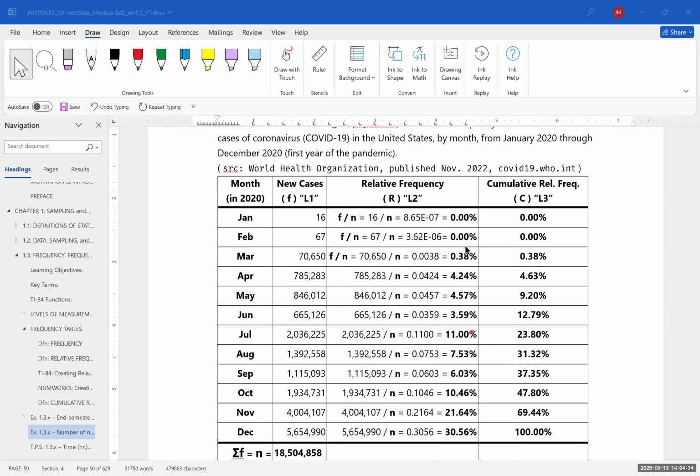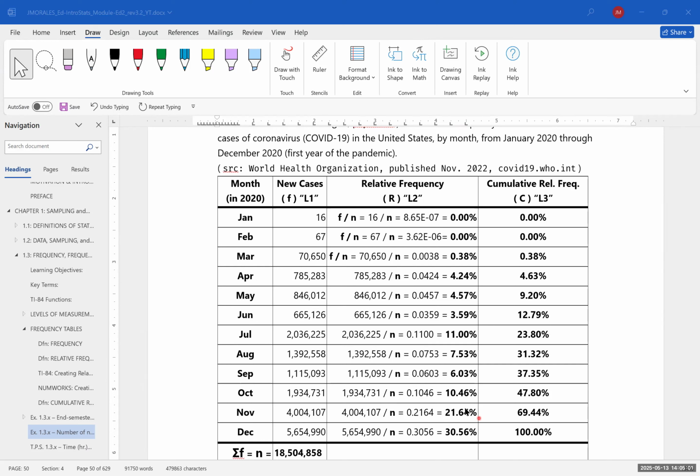All right. So by just looking at relative frequencies, you can see we go to having a relative frequency of around 4% here, and then it goes up to 11%. Okay, that was July. And then it goes down a little bit to 6 or 7%. Then goes up to about 10.5%. Okay, that was October. And then it doubles in November.